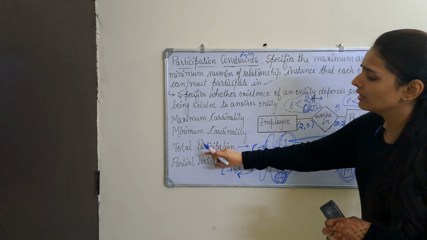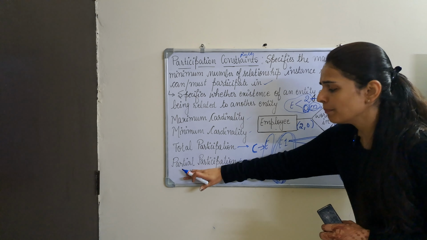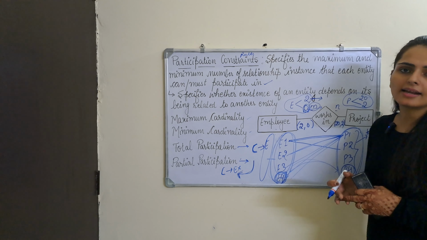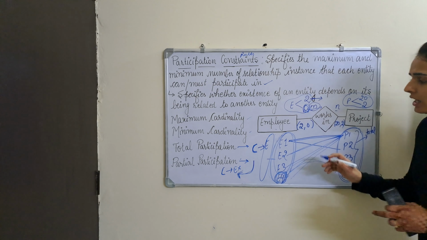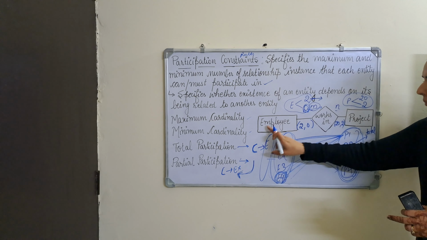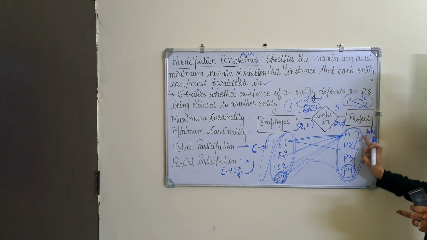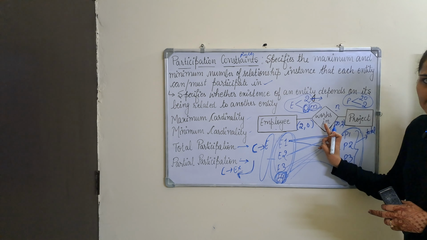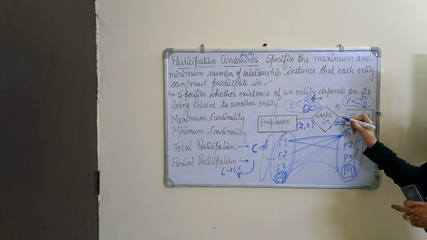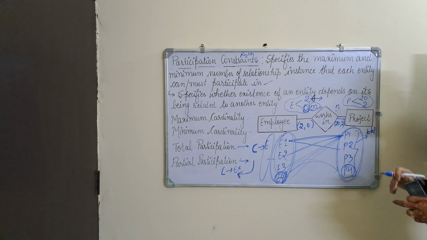Now we need to understand how total participation and partial participation are represented in the ER diagram. We know that employee can have partial participation in this, however project is going to have total participation, right? So for total participation we use a double edge over here.